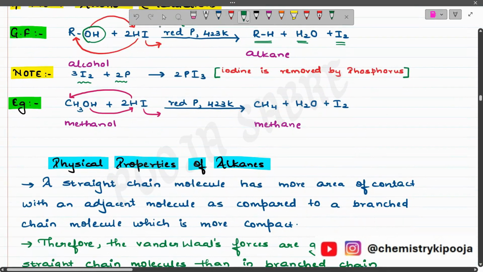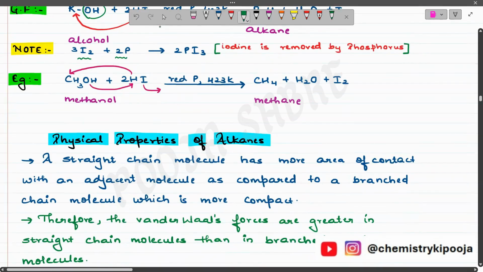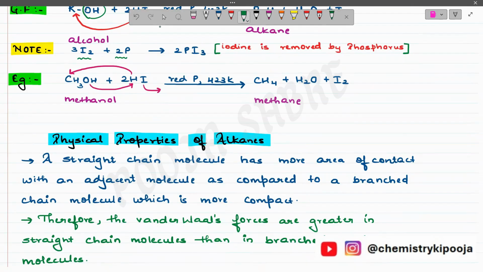Let us have a look at the reaction. This is CH3OH plus 2HI in the presence of red phosphorus at 423 Kelvin. It is again very simple. One of the hydrogens will combine with carbon, the other hydrogen will combine with OH to form H2O, and the 2I will combine to form I2. Then there is again formation of alkane, so we need to remove this I2.